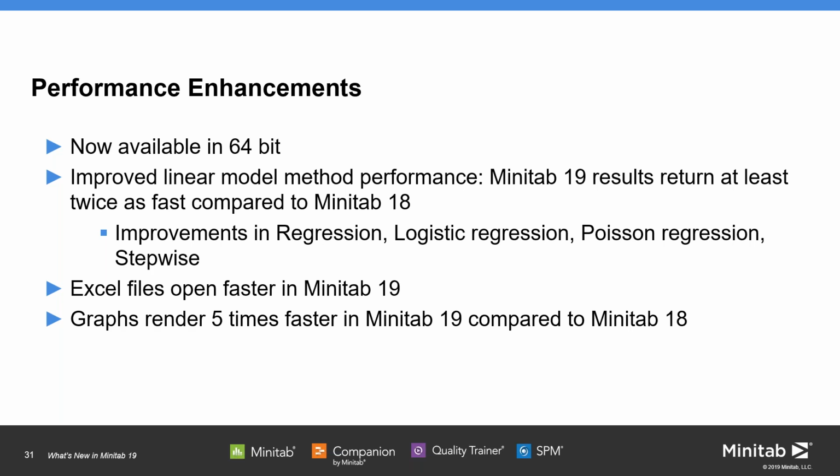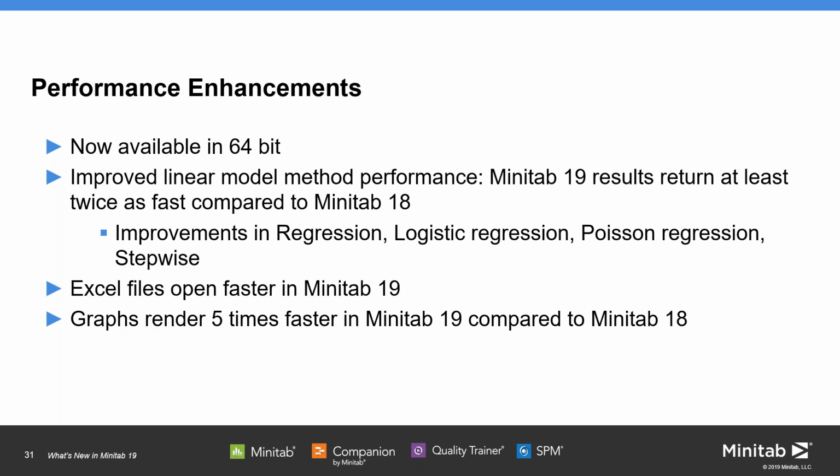So I can tell you from experience in testing this out, you can fit models a lot faster, generate graphs much faster. We've also made some improvements in terms of performance. So beyond availability in 64-bit, you're going to see some serious improvements in the way linear models are handled. So basically being able to analyze and run these algorithms faster.